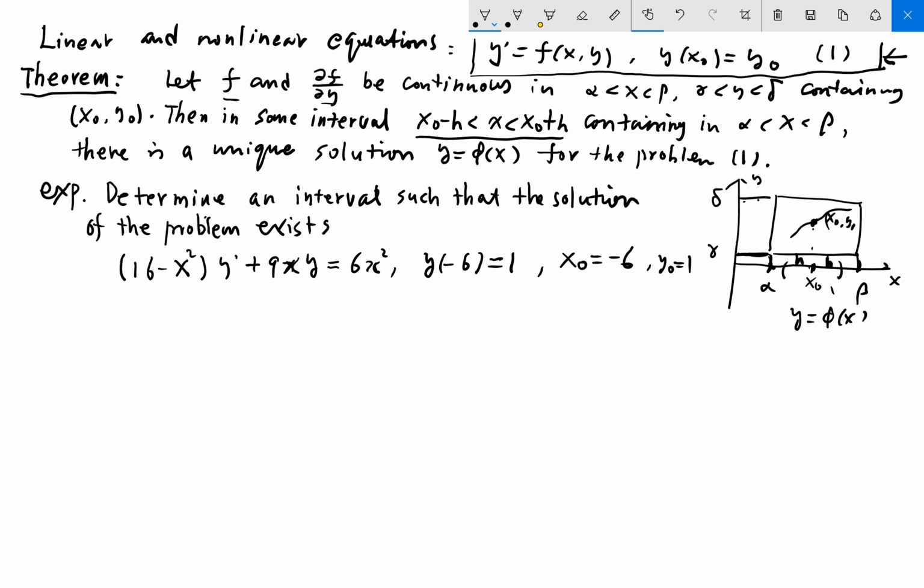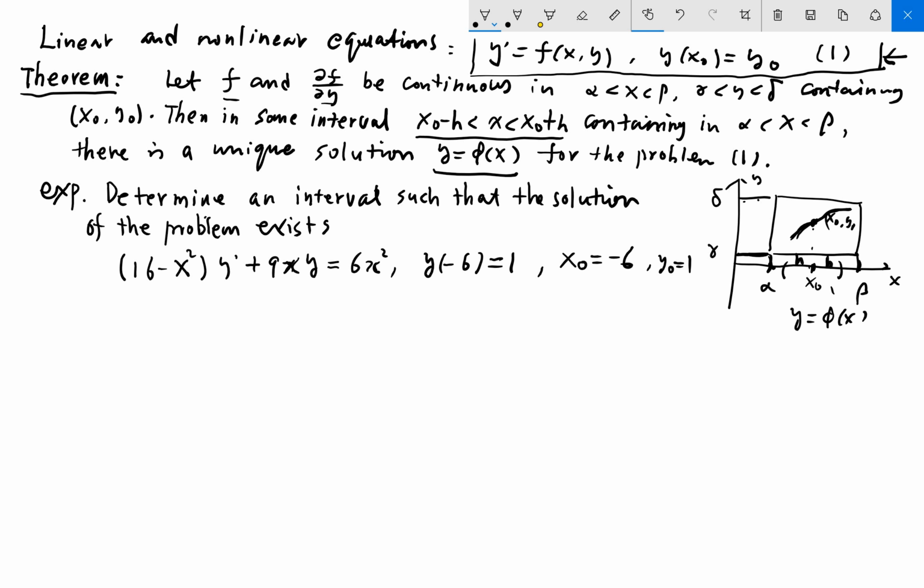In this interval, the solution to problem 1 exists and is unique. In other words, this is our solution, phi of x, and the curve looks like this.